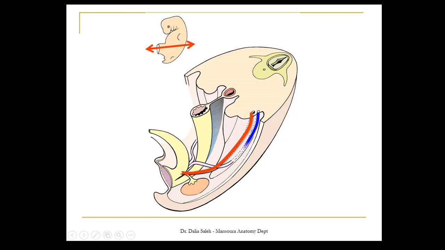Lateral to the mesonephric duct lies the paramesonephric duct, which will have a triple relation to the mesonephric duct: first on its lateral side, then it crosses it ventrally, then gets to its medial side, and eventually opens into the urogenital sinus.